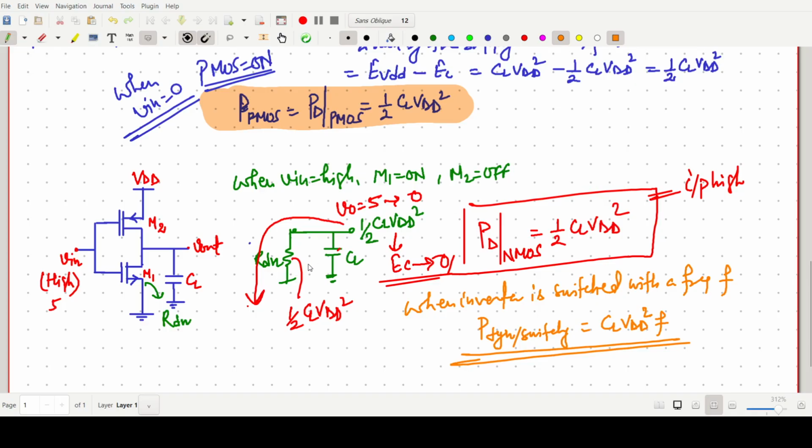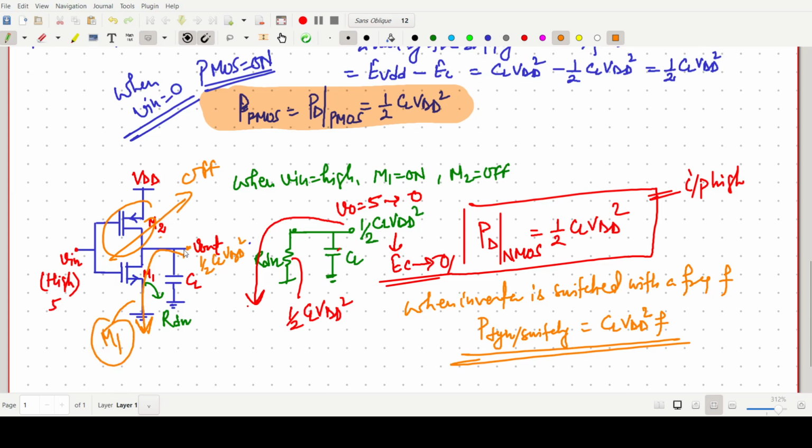Better to think about it this way: when the input is high, this one is cut off. But at the final instant the energy will be half CL VDD square. Now this energy will dissipate across this transistor M1.